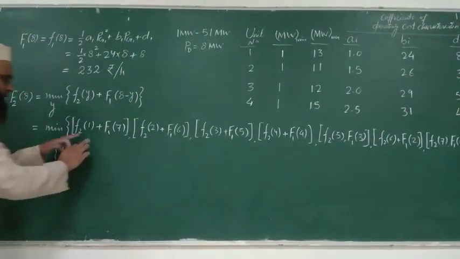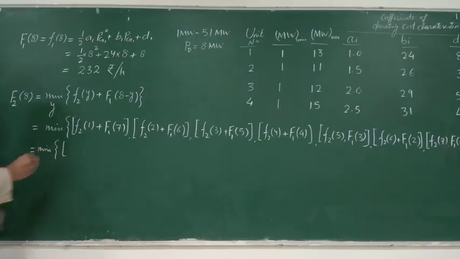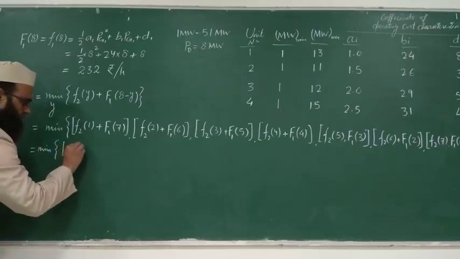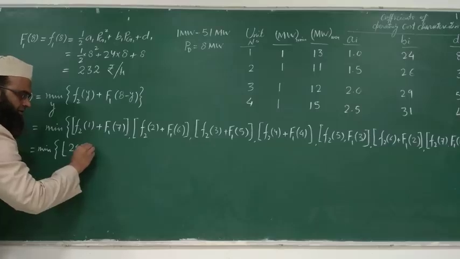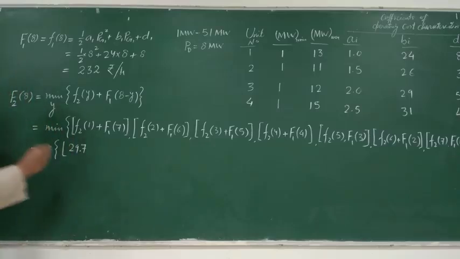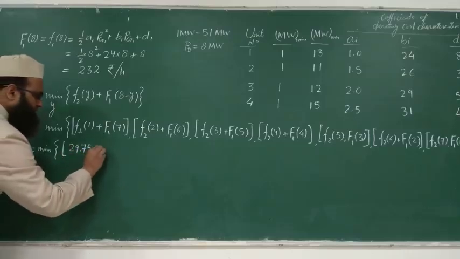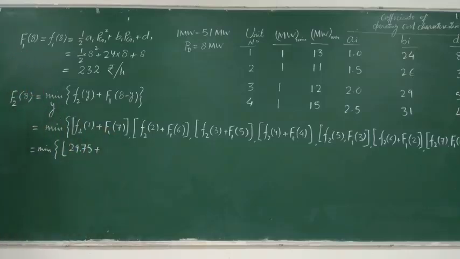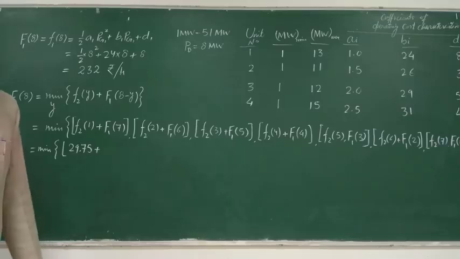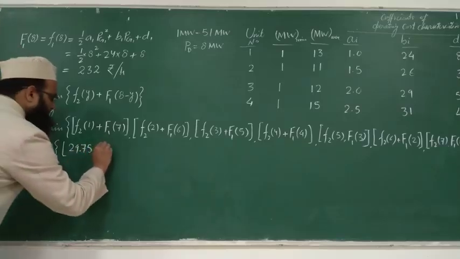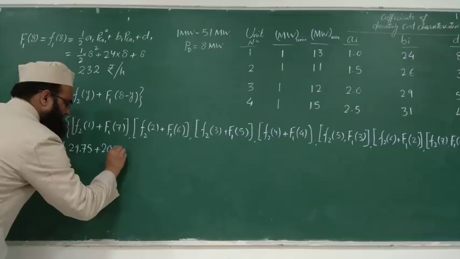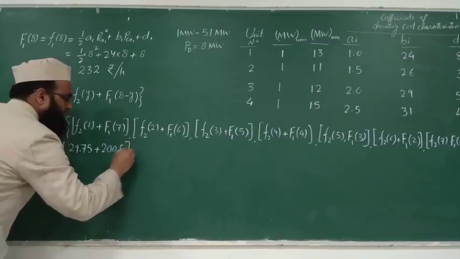So this F21 is 29.75. Whatever it is coming out to, just write here. Plus, tell me this value. 200.5. Okay, next one.